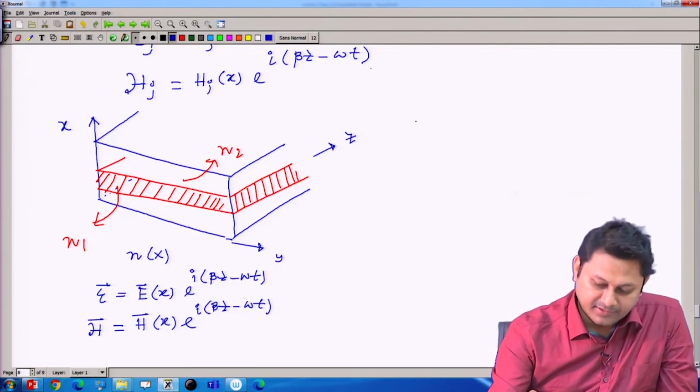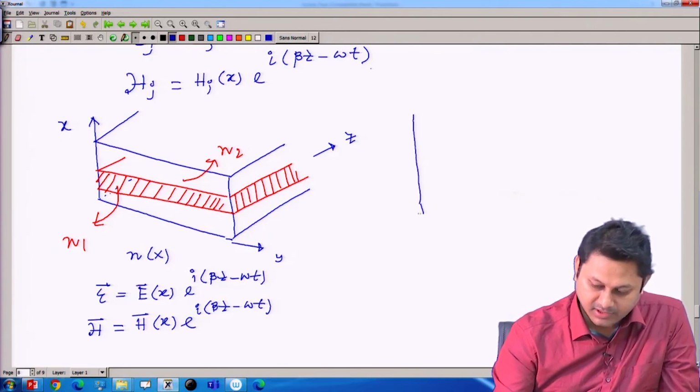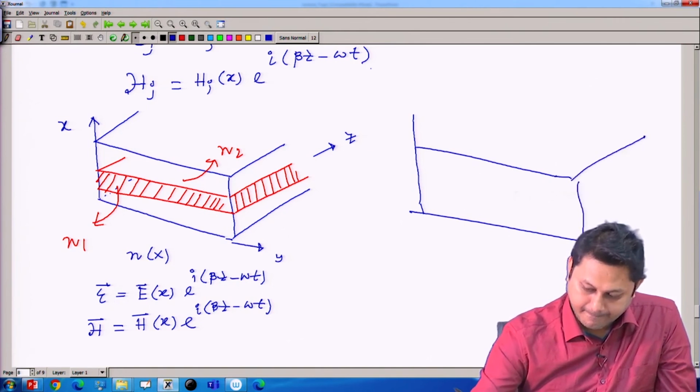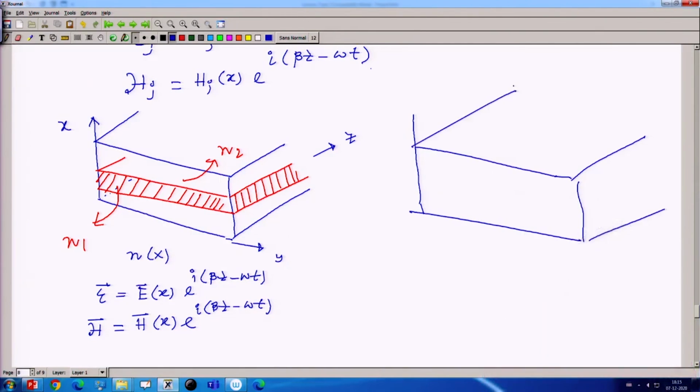On the other hand, if I have a similar structure like this, but here I have a block inside this system, and the refractive index is now a function of, along this direction I have x, along this direction I have y, along this direction I have z, and this is the place where the refractive index is varying.